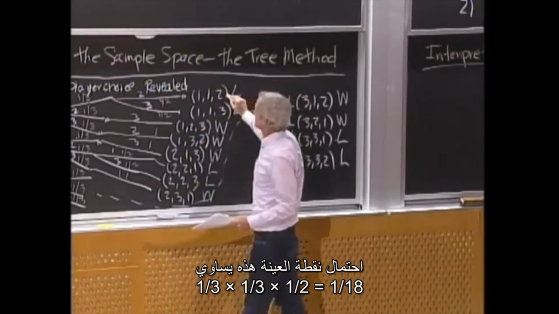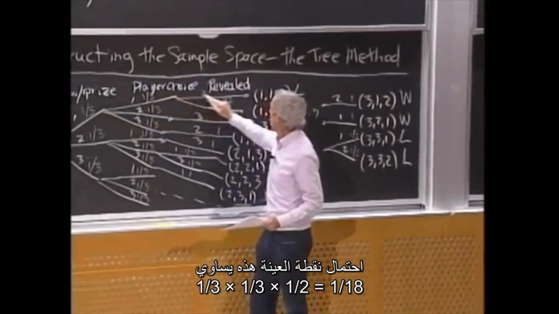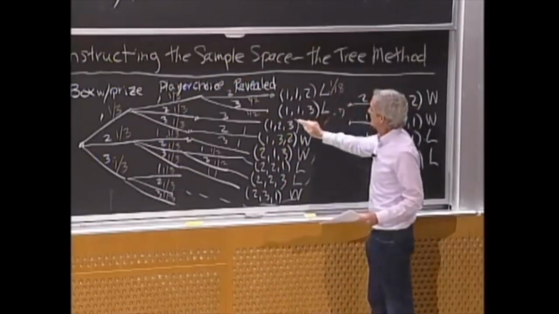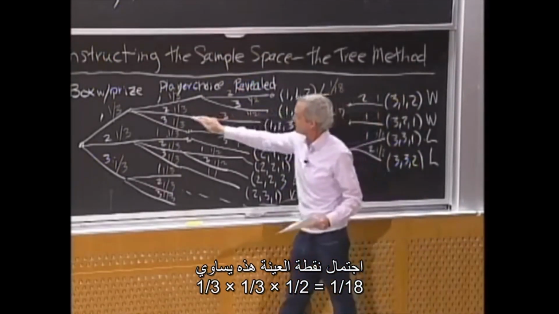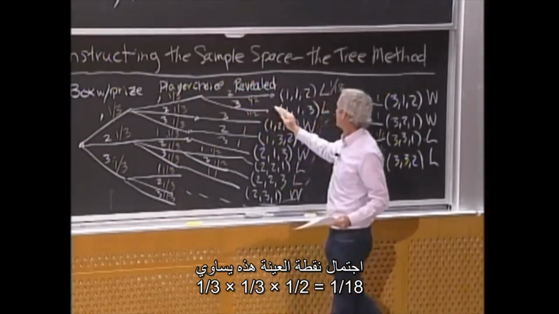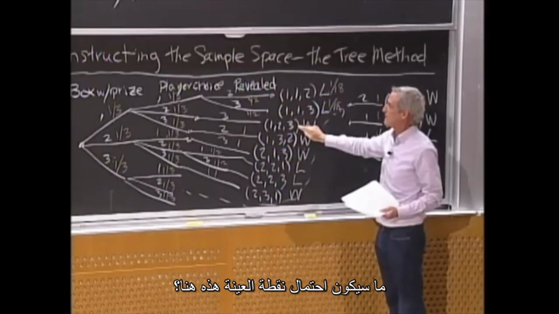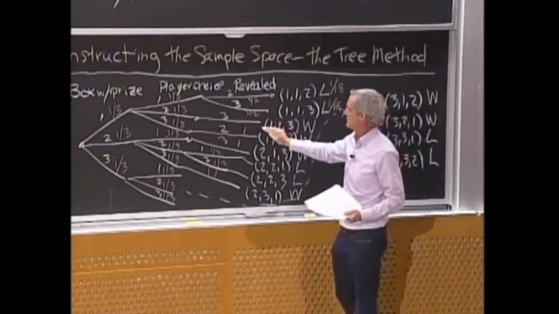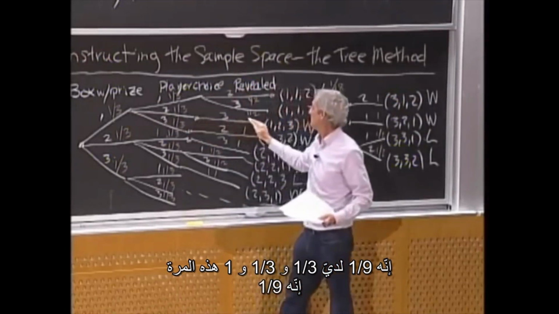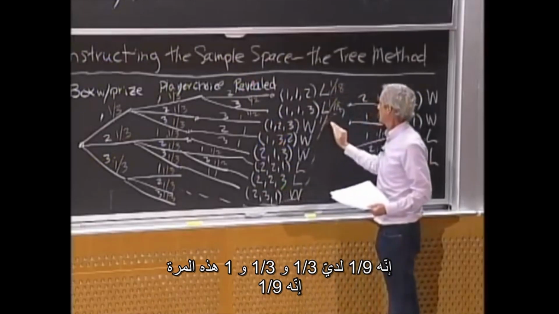The probability of this sample point is 1/3 times 1/3 times 1/2, 1/18. Probability of this sample point is 1/3 times 1/3 times 1/2, 1/18. What's the probability of this sample point going to be here? 1/9. I get 1/3 times 1/3 times, well, this guy was 1. Is 1/9.